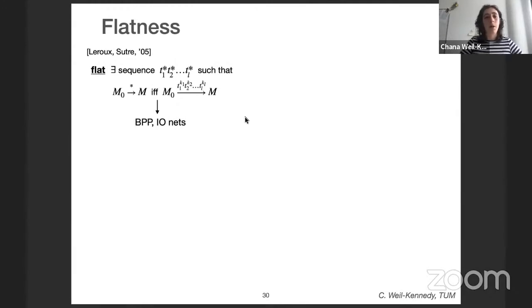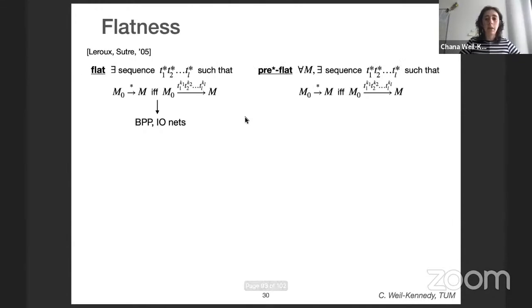And we know that bionets do not have a semilinear reachability set. So we know that they cannot be flat. But we show instead that they are pre-star flat. So this is a slightly weaker property where the sequence T1, T2, TL star depends on the final marking.